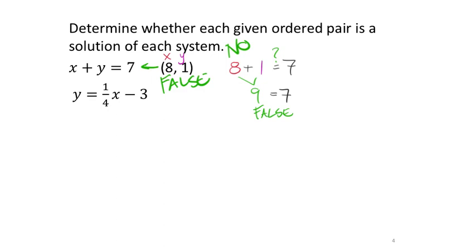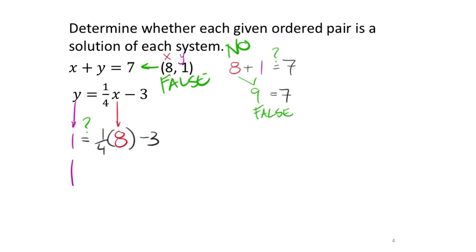Now, just to emphasize what we're doing here, because it made that first equation false, the second equation, y = 1/4 x - 3, if you were to replace the x with 8, and if you were to replace the y with 1, then you would have the equation 1 = 1/4 times the 8 - 3. And you could have checked this one to see if it's true. And so I just put this in the calculator right here, 1/4 times 8 - 3.